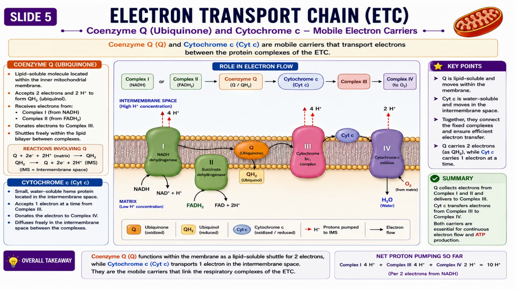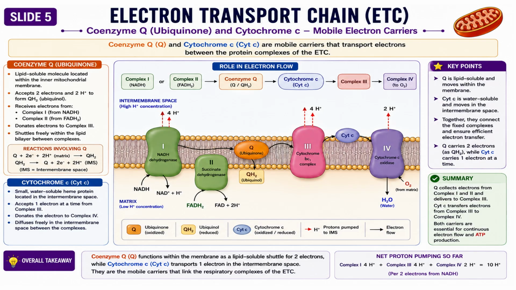It receives electrons from both complex 1 and complex 2. After accepting electrons and protons, CoQ is reduced to ubiquinol, or QH2. It then carries these electrons through the membrane and transfers them to complex 3. Because CoQ is lipid-soluble, it can move freely within the membrane.